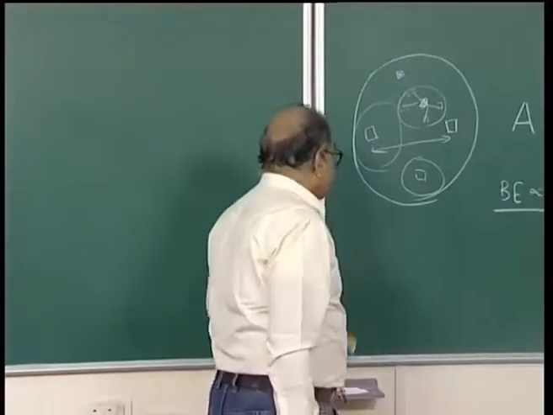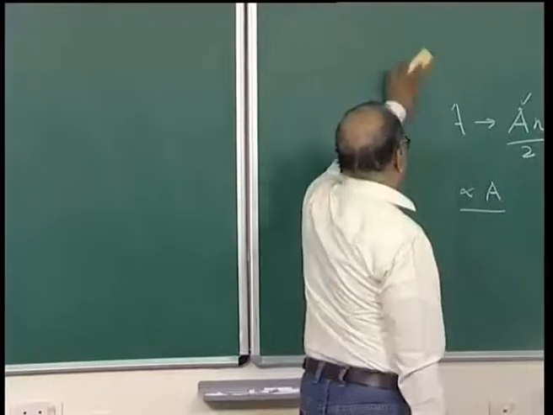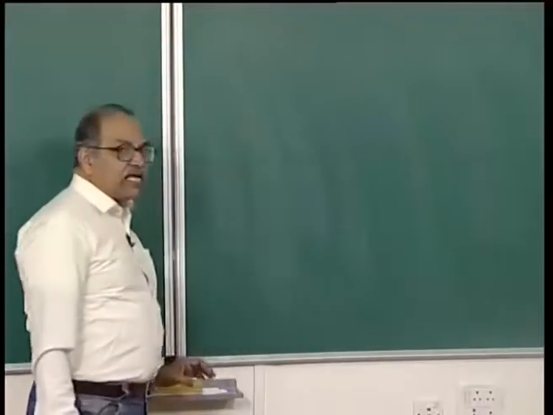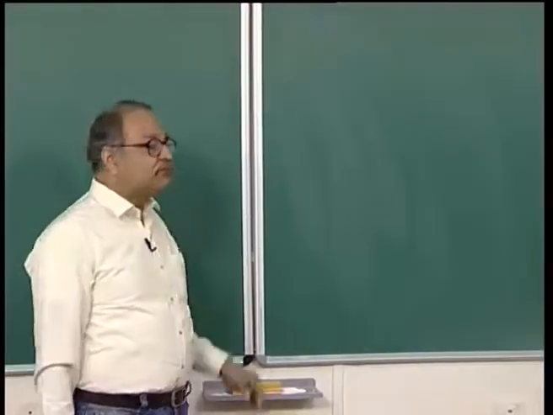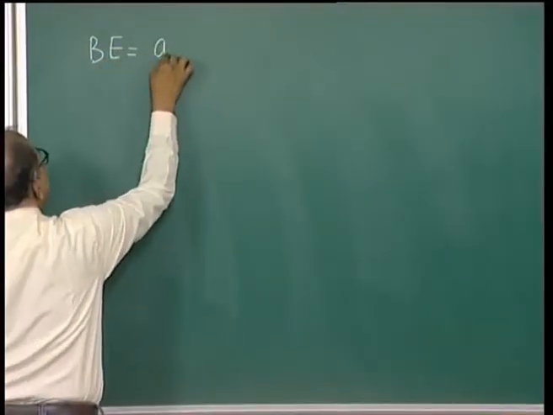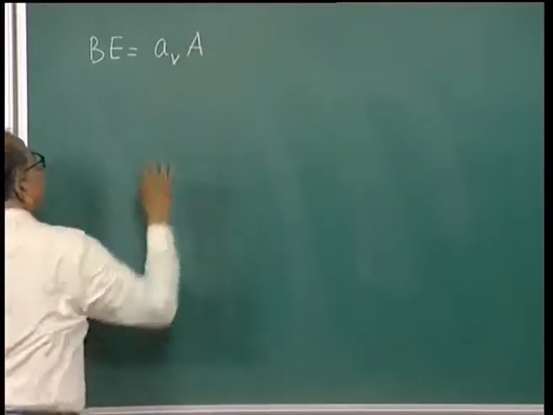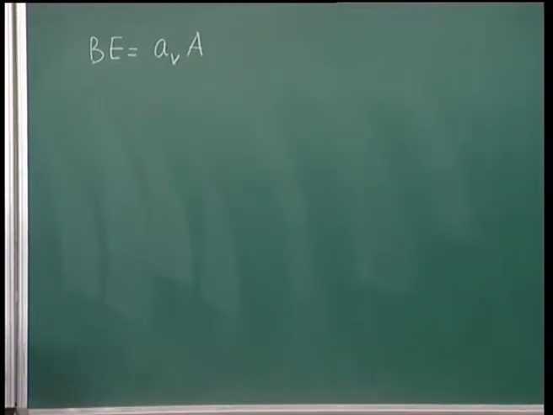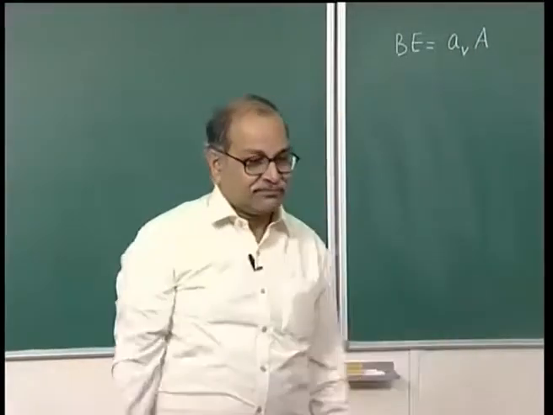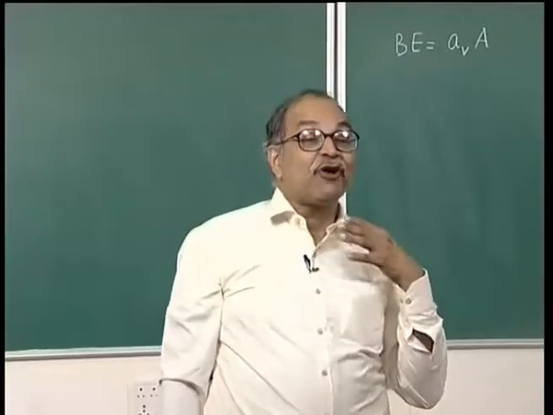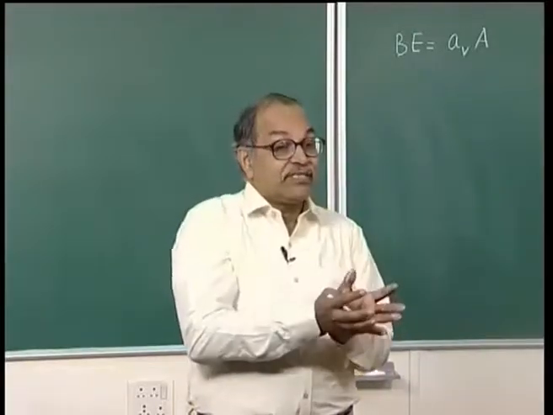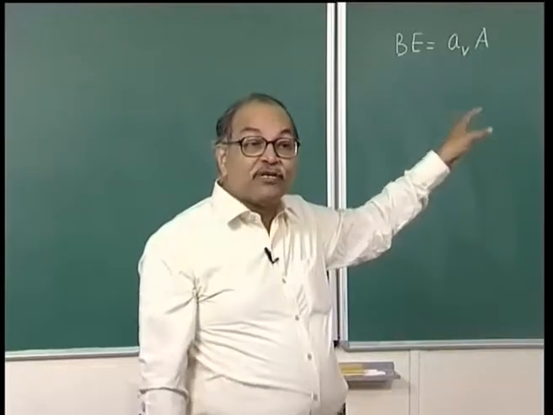So, as a first approximation, we will write that binding energy is some constant times capital A. That constant we write as A with subscript V. What is this V for? This V is for volume, the volume of the entire nucleus. So, this term itself is called the volume term.